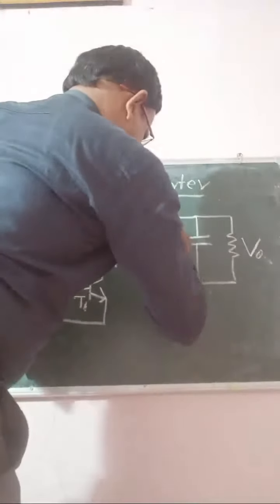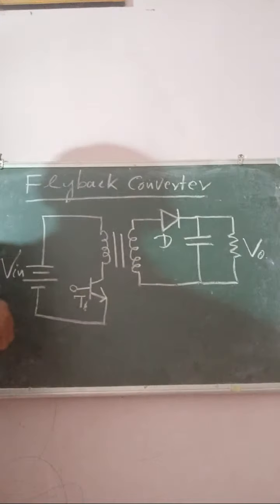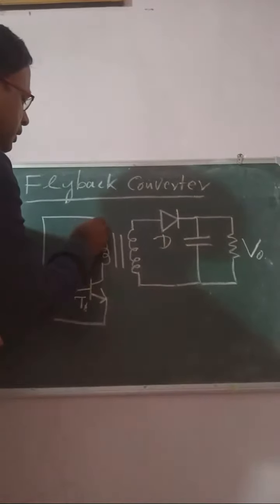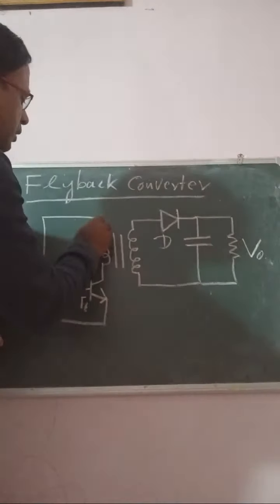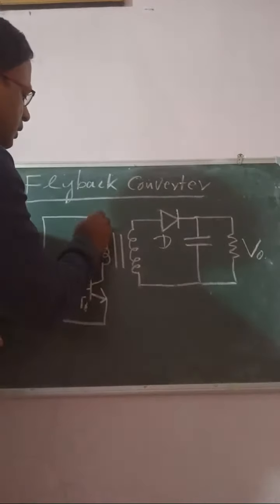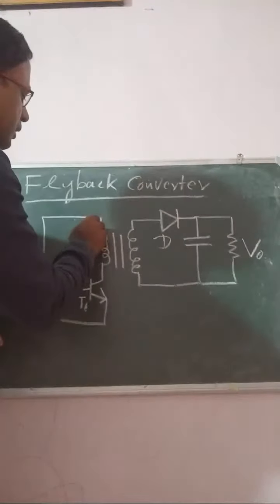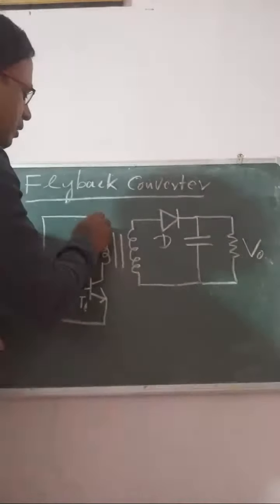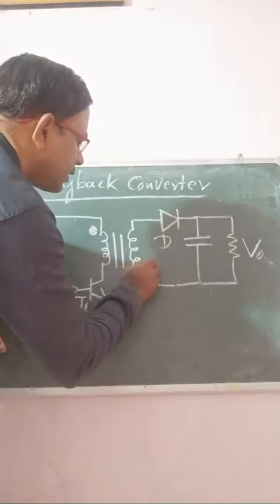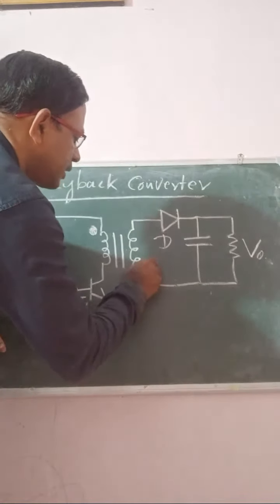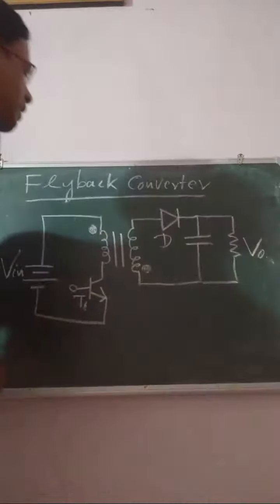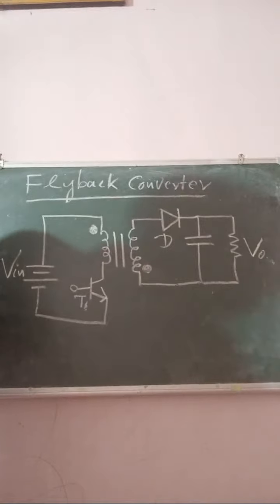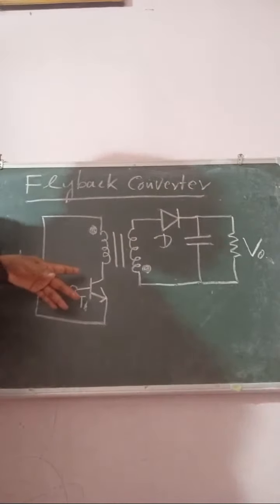This is diode D. The dot denotes the direction of current: the current enters here, and this is the secondary side dot, so current enters here as well.